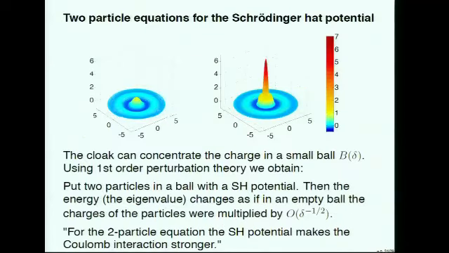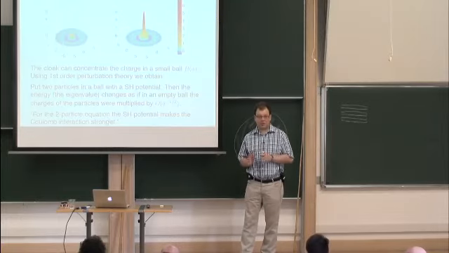Then some other observations. It's a little bit harder to analyze two-particle equations. So we used first order perturbation theory to understand what happens. And now let's think that the particles that I describe here are electrons, so they have a charge.